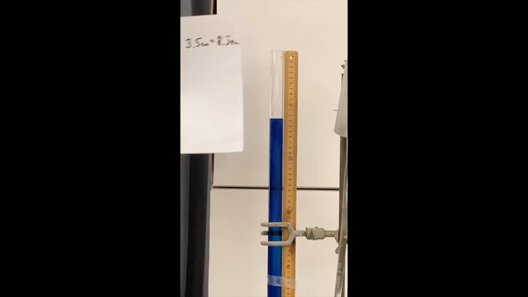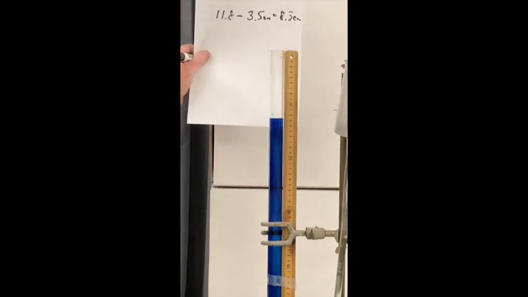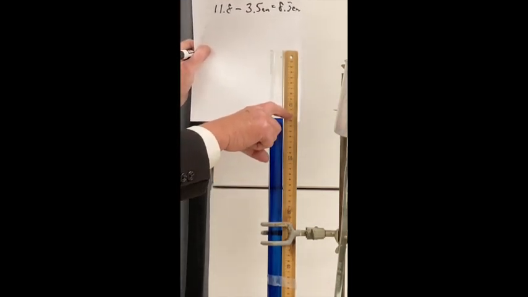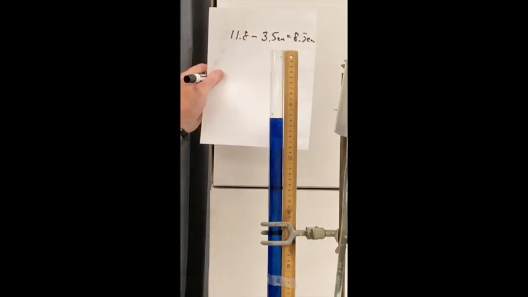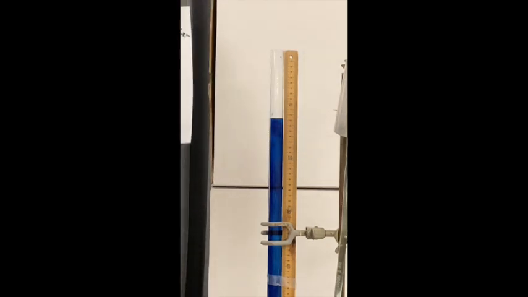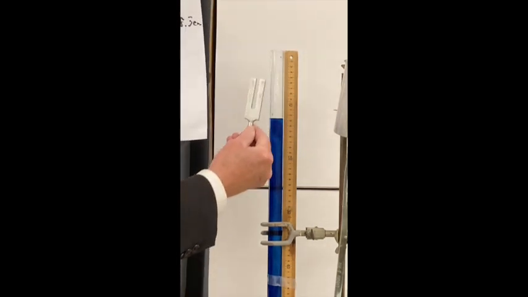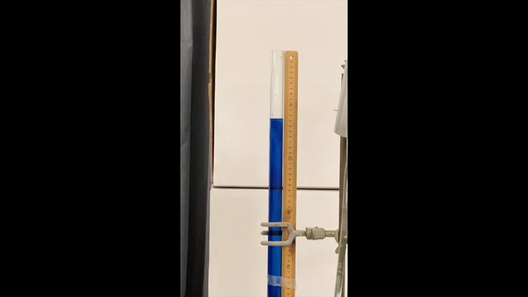So we have the first sound at 11.8, the second one at 3.5, so the difference would be 8.3 centimeters. And that was with the 2048 tuning fork. So you have a very small tuning fork. That's our D, which is going to be 8.3 centimeters, right?